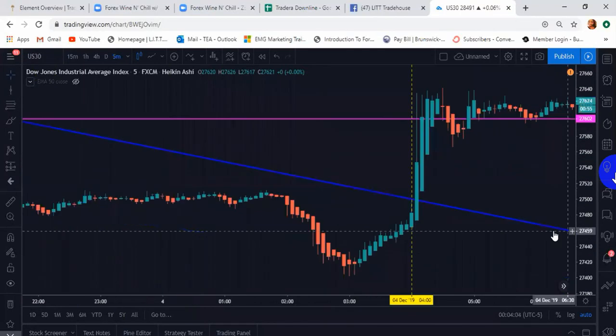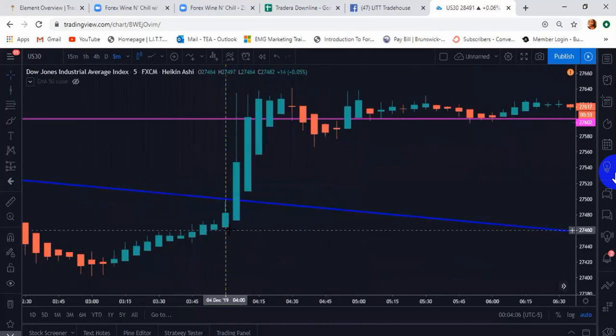You see? So on an hourly time frame, do you see how this candle right here is not above my trend line, so I'm not clicking buy yet. Sit on your hands till you have a candle that closes above. You understand?